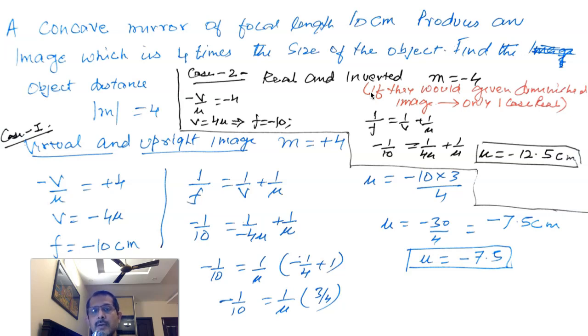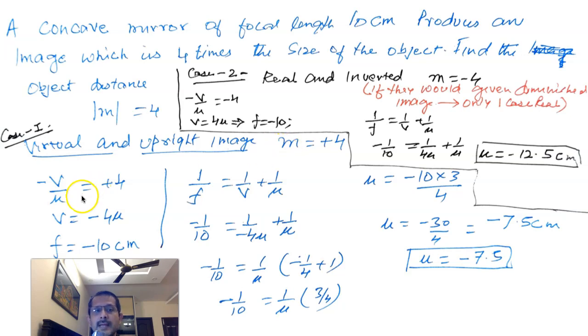One scenario is the last scenario wherein we get a virtual and upright image, and the second is when it is a real and inverted image. Okay, let's take it case by case. Let's quickly move to case number one: a virtual and upright image. This is the last case which we discussed in concave mirror.